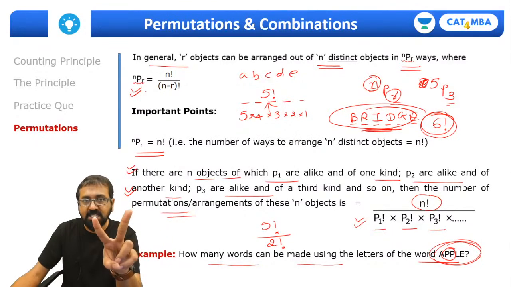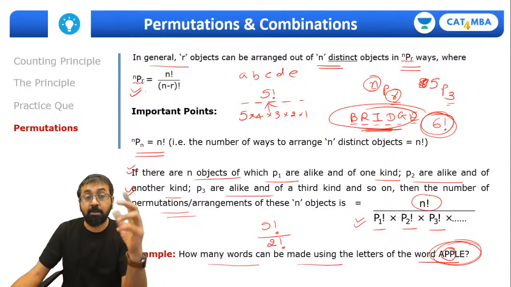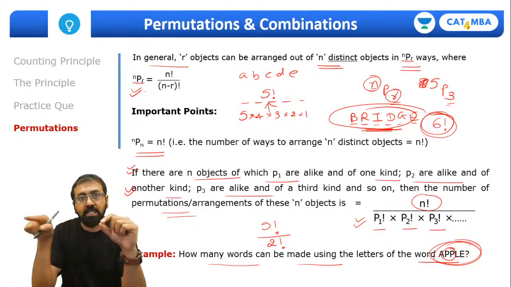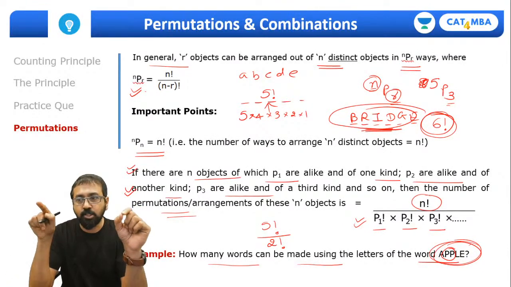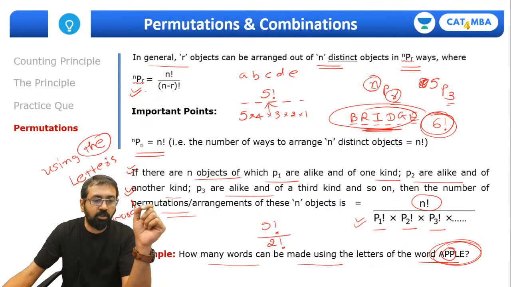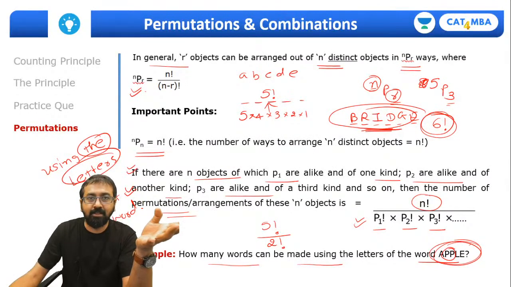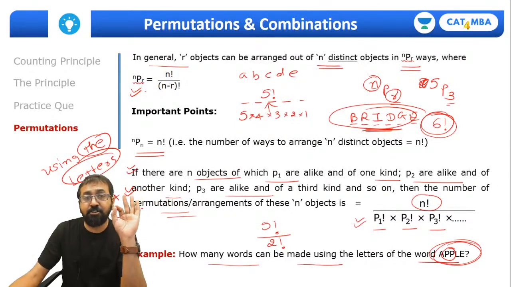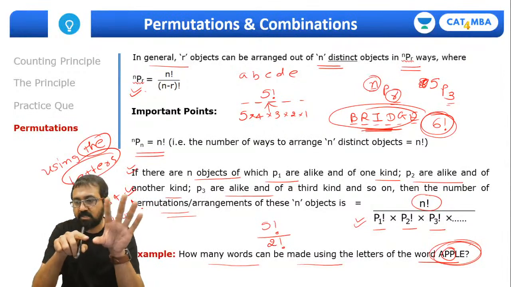If there are 2 P's in apple, you just need to use that, because we are using the letters of the word apple. Are you getting this point? It's everything about this word, using the letters of that word. You understand the article 'the', right? It's a definite article. It refers to those specific objects.